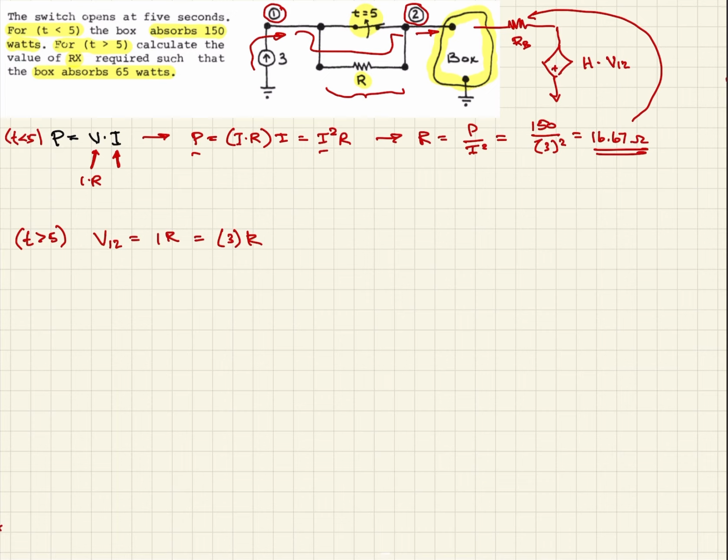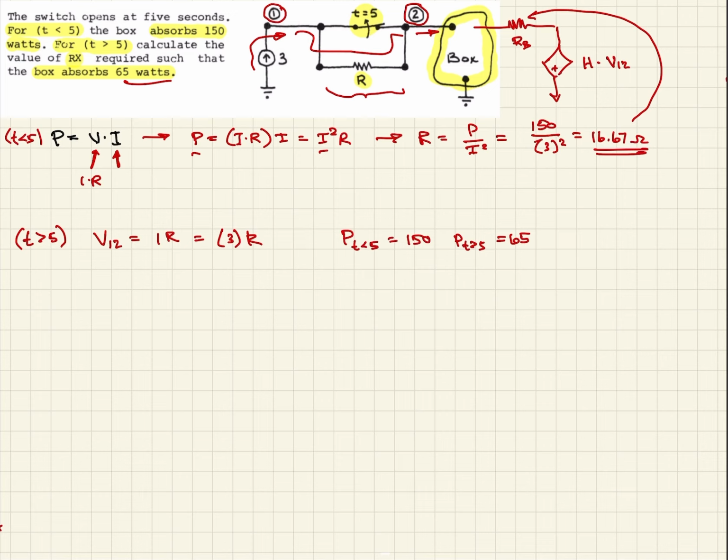We also know that the power for t less than 5 is 150, and then the power for t greater than 5, which is given right here, is equal to 65 watts.